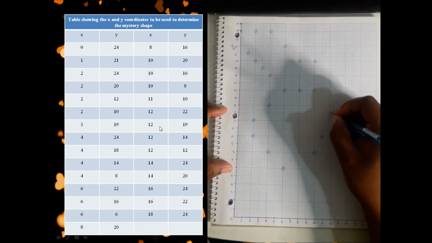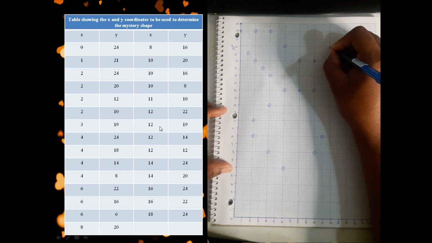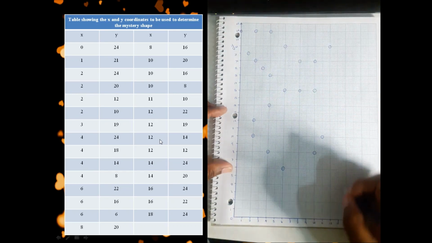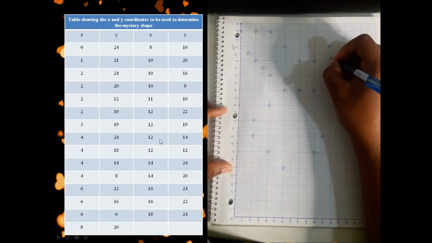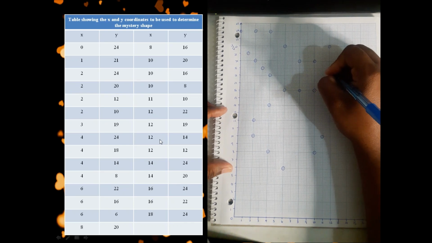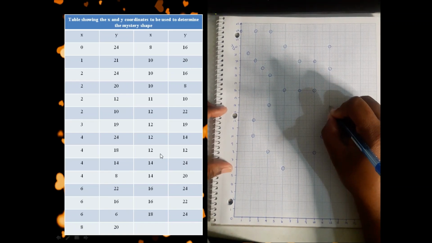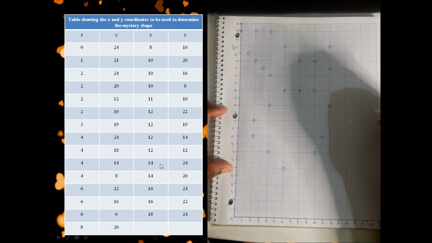Next point, 12 to 22. Next point, 12 to 19. Next point, 12 to 14. Next point, 12 to 12.